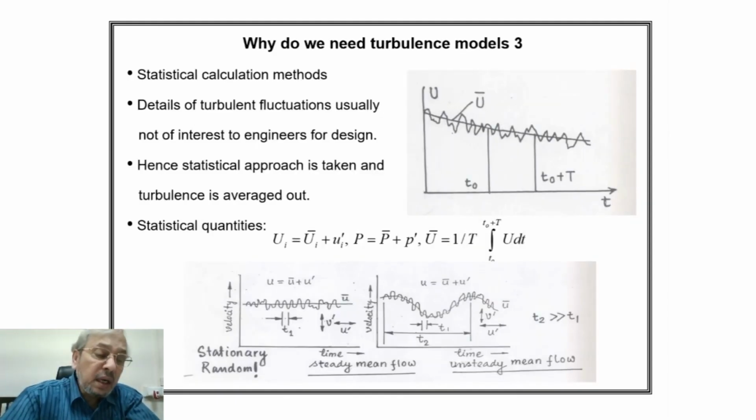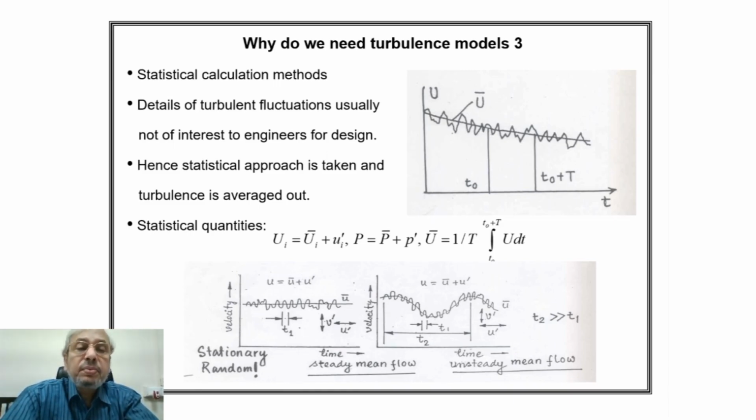So arising out of these difficulties, although DNS and LES both are very important and scientifically very elegant methods, for all engineering flow calculations these are not really used in practice. So the third method we have suggested here is statistical calculation methods.